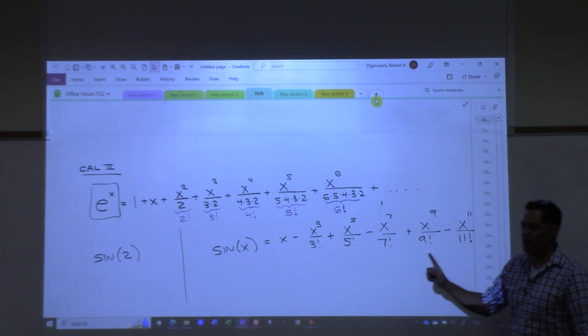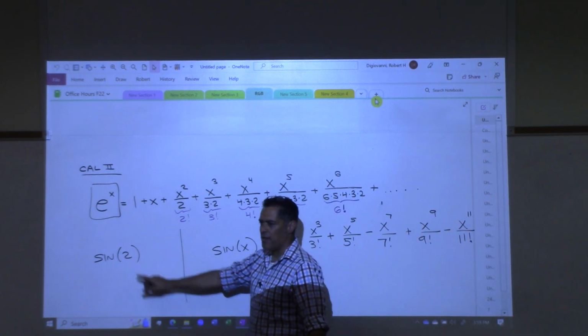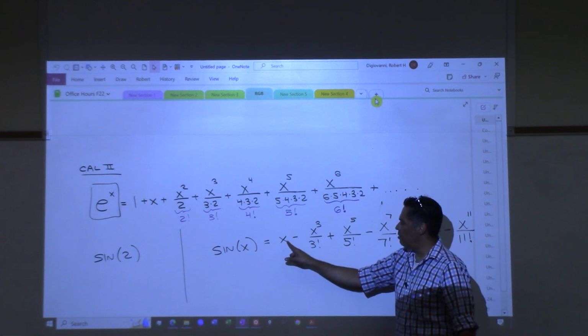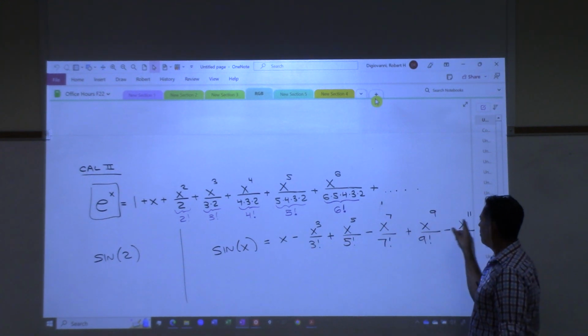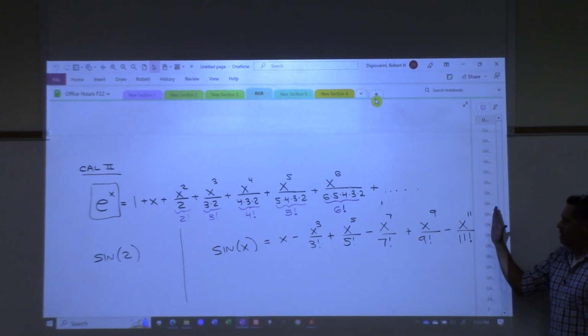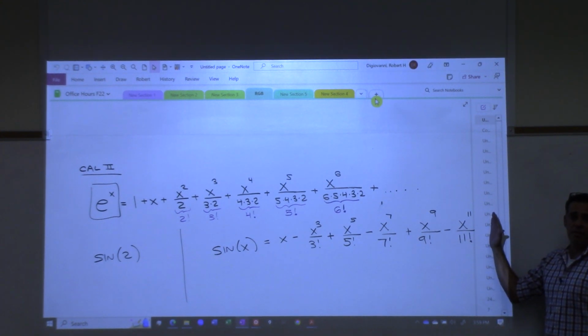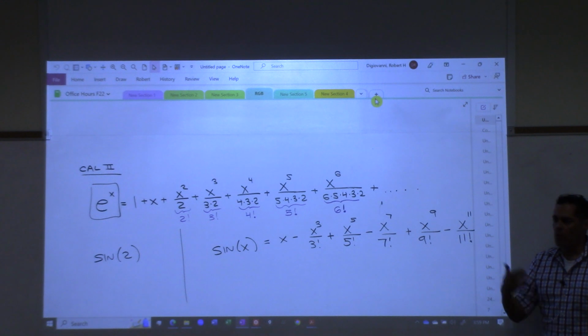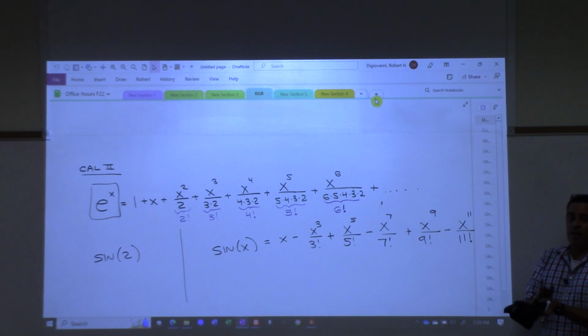Okay, so if you plug in 2, what your calculator did is it plugged it into here, to here, to here, to here, to here, to here. And whoever programmed the calculator has it terminate at a certain part of the series and it gives you an answer. And if you want more decimals, you can go into the computer and say, I want more decimals, and it'll go further out into this series.